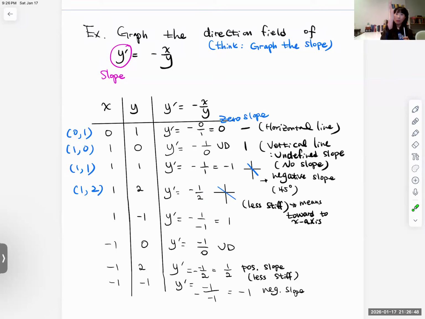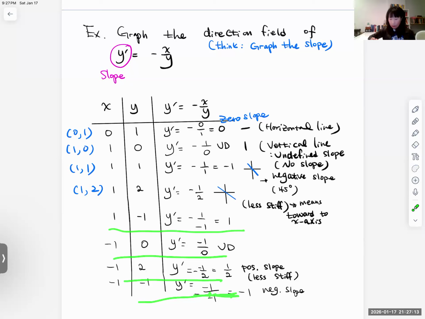Positive 2, positive 3, right? Negative 1, more steep. Negative 2, negative 3. Negative 1/2, less steep. Make sense? Okay, so we know how to do it, right? Make sense to you?